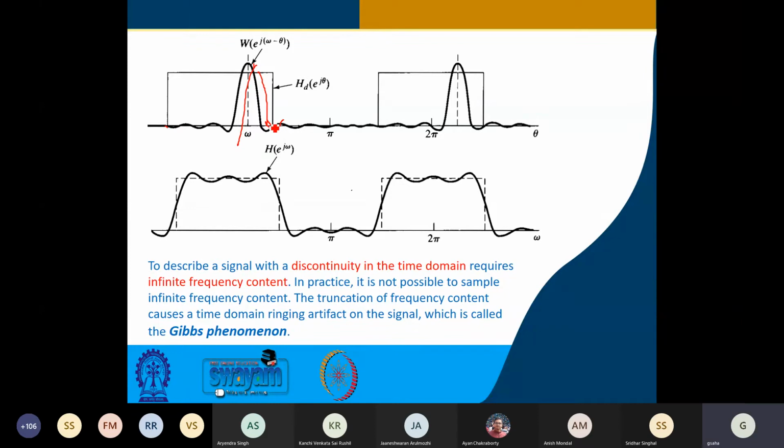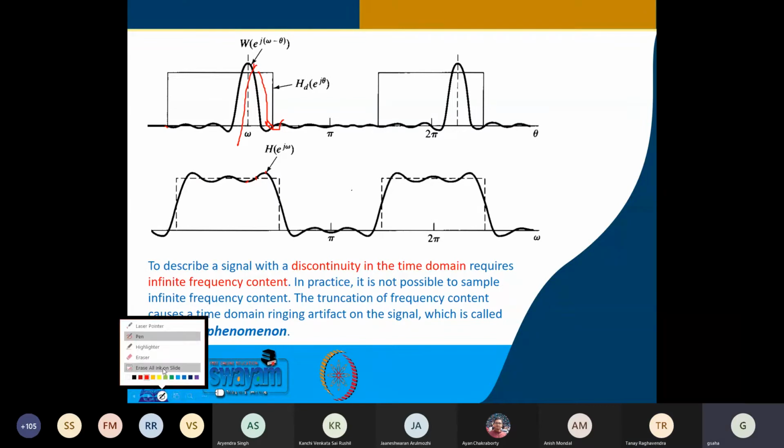Am I correct? Yes, sir. So you will be expecting a low value, a high value, and then some mid value. So some oscillation over here. Am I clear? So this is the ripple that you see.